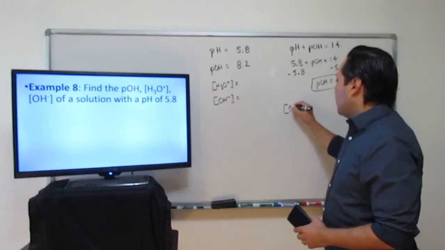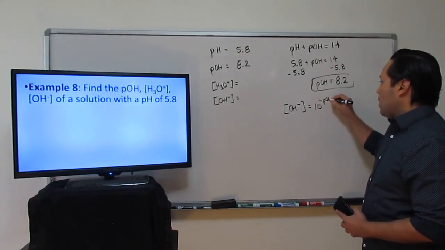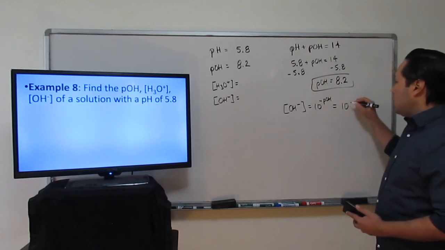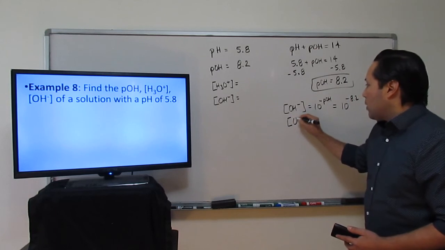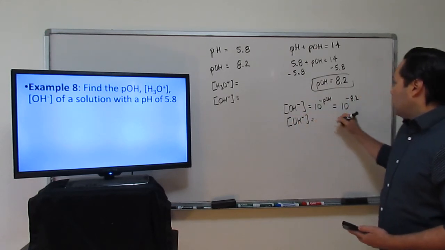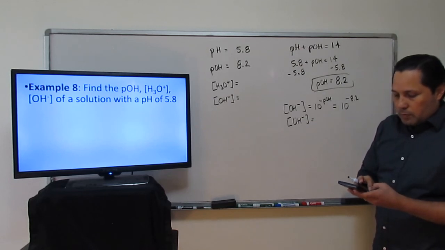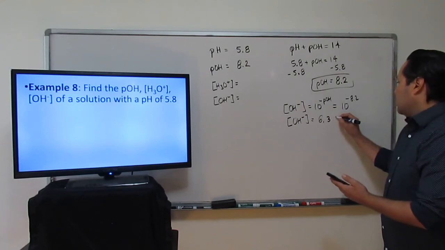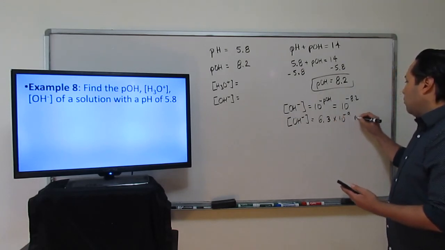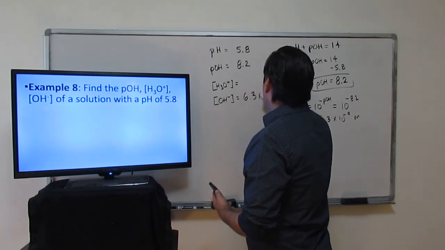The hydroxide ion concentration is equal to 10 raised to the negative pOH. So I plug it in, negative 8.2. Therefore, the hydroxide ion concentration is going to be 10 to the negative 8.2, which is 6.3 times 10 to the negative 9 molar. So that's our hydroxide ion concentration.